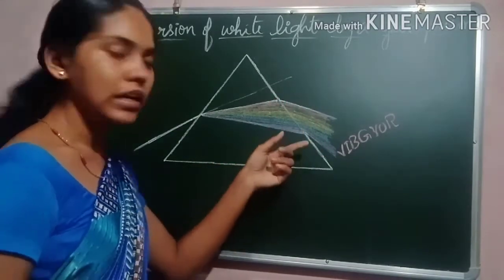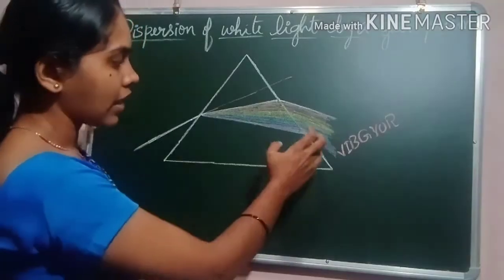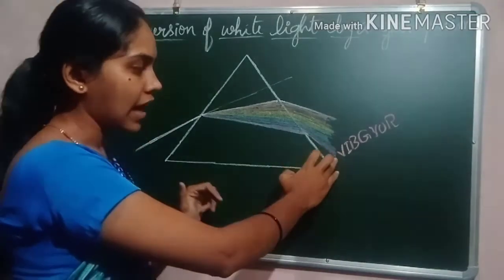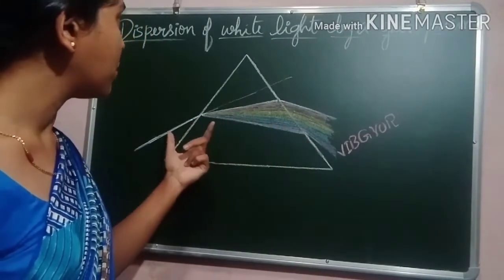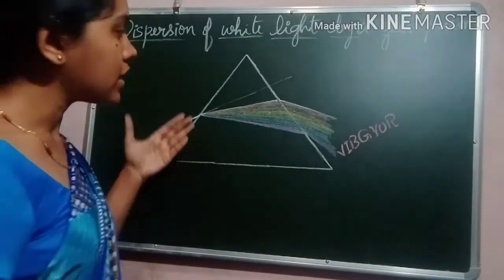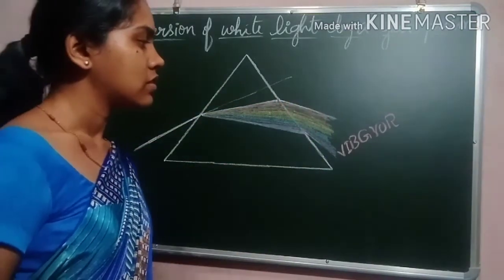We can obtain different components of color in this refracted light. The components of the color which are obtained when the light is passed through this prism, we call it a spectrum.